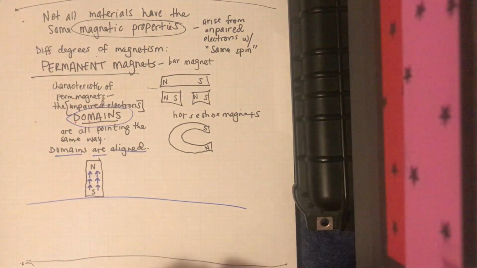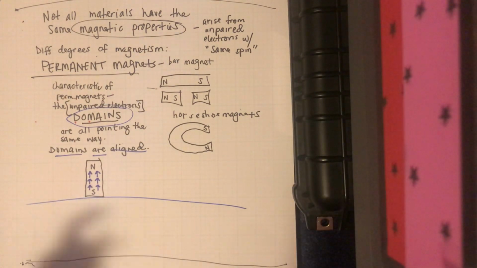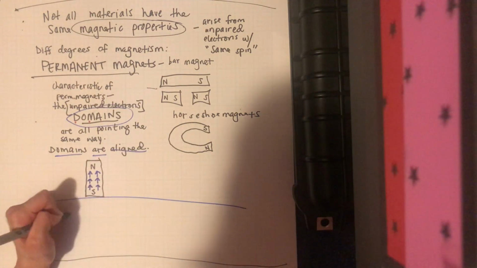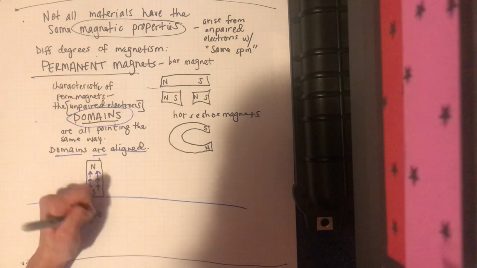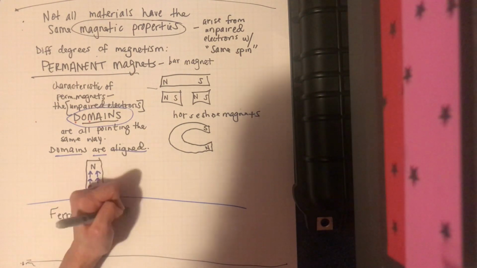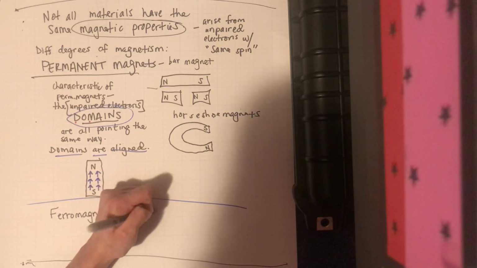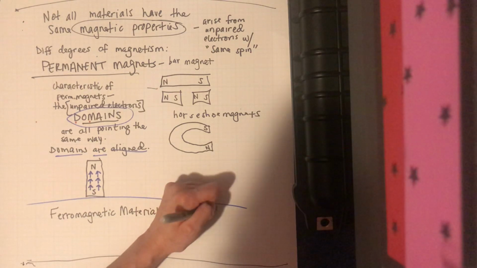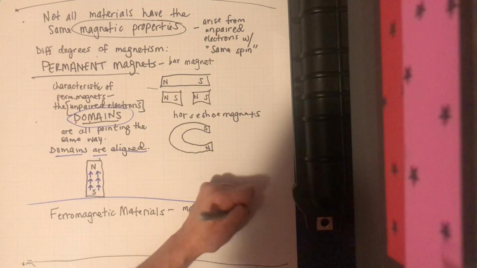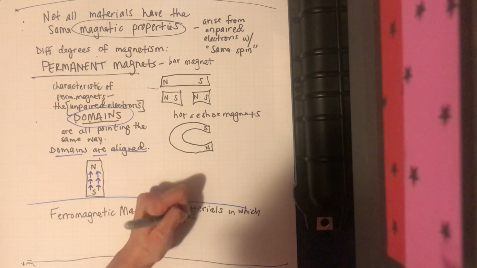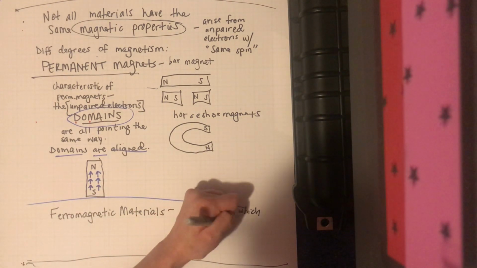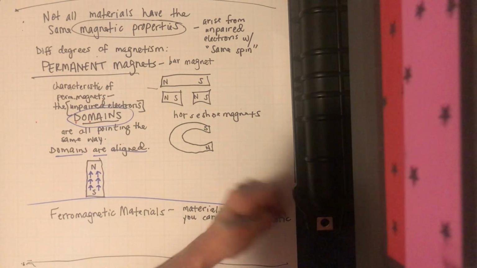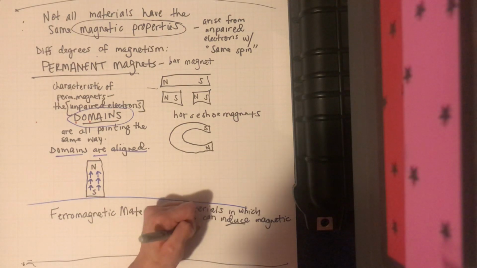On the other hand, there are some materials in which you can induce magnetism. So, unlike permanent magnets, there is a class of magnetic materials that we're going to refer to as ferromagnetic materials. These are materials in which you can induce magnetic properties in the presence of a permanent magnet.